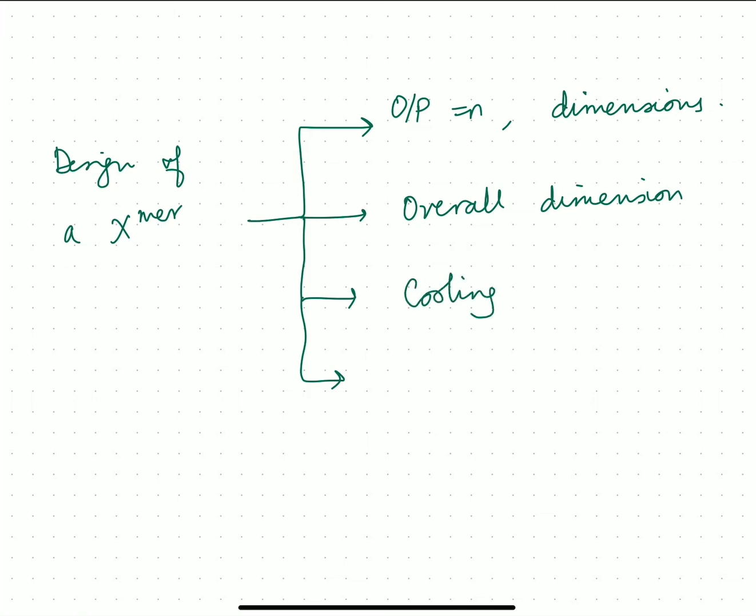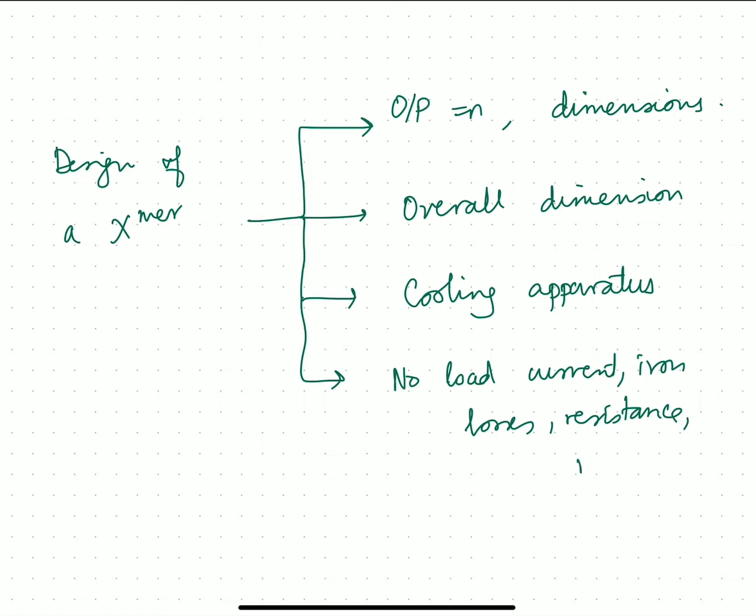You have to design the cooling apparatus for the transformer. And then you have estimation of some values such as no load current, iron losses, eddy current losses, resistance, reactance, etc. So, broadly speaking, the design of a transformer is in these 4 categories.